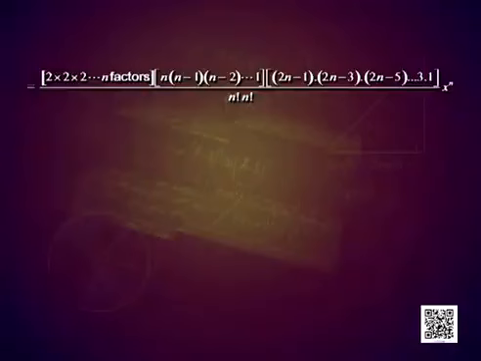I am left with n into n minus 1 into n minus 2 right up to 1. And so, do you see a pattern being formed here? 2 multiplied with itself n number of times is going to be nothing but 2 to the power n. And what is n into n minus 1, n minus 2, continued product going right up to 1? It is exactly what n factorial is.